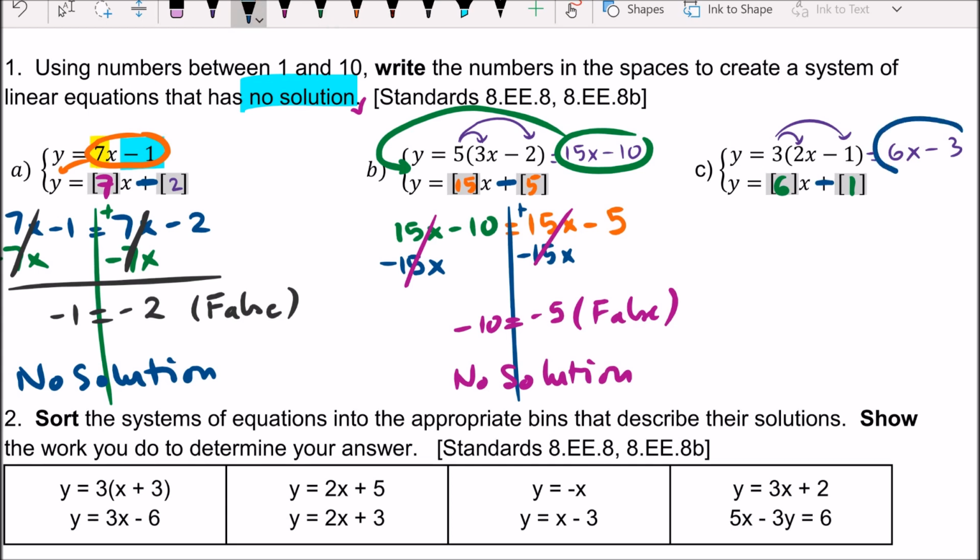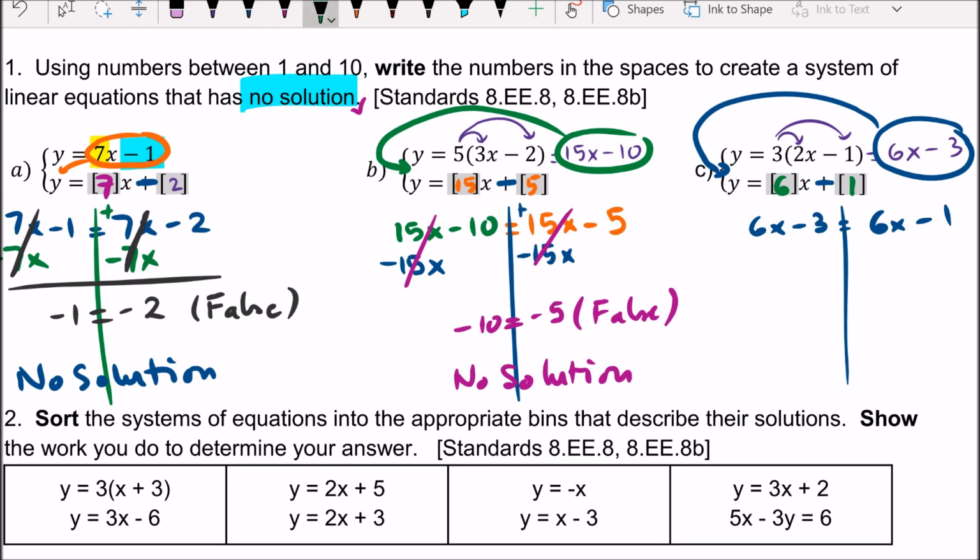So we take this and plug it into the y: 6x minus 3 equals 6x minus 1. 6 itself is positive, so we subtract 6x on both sides. The 6x cancel each other out, leaving you with negative 3 equals negative 1. And that is a false statement, and this will make no solution.